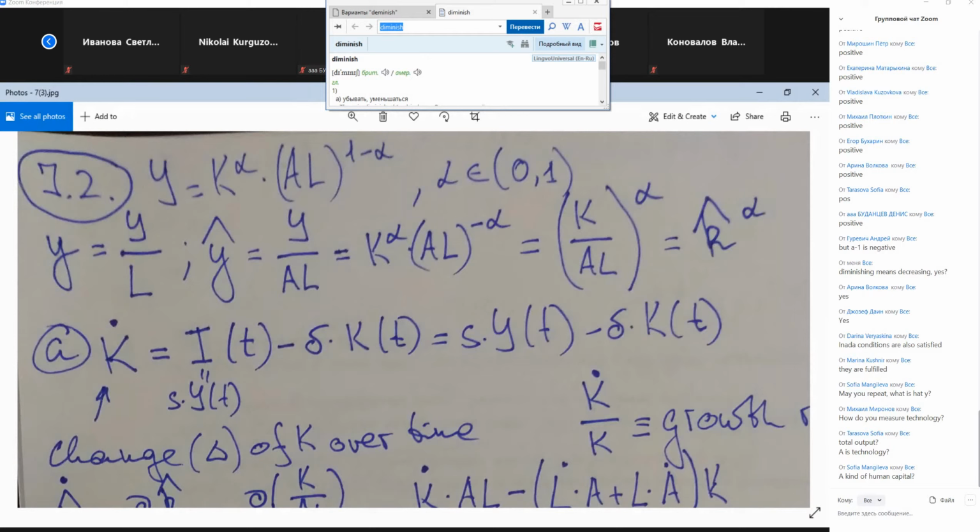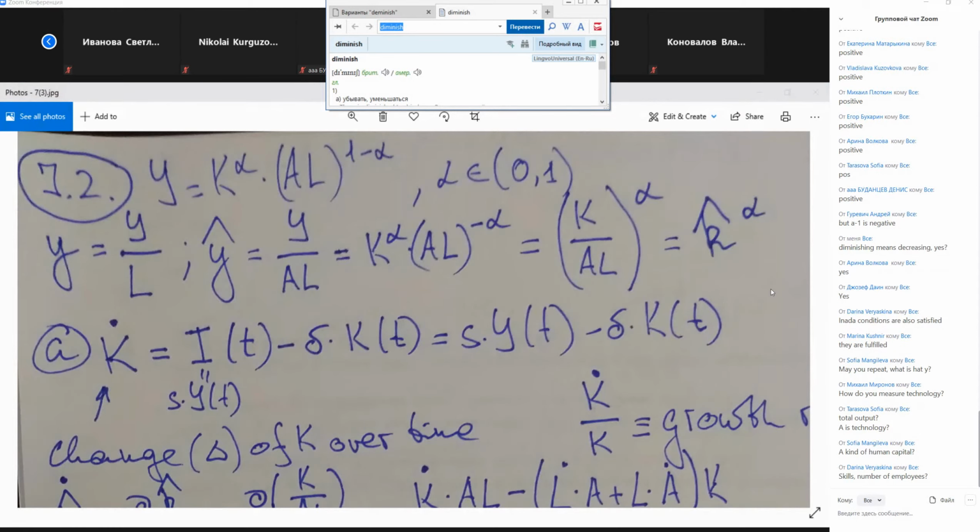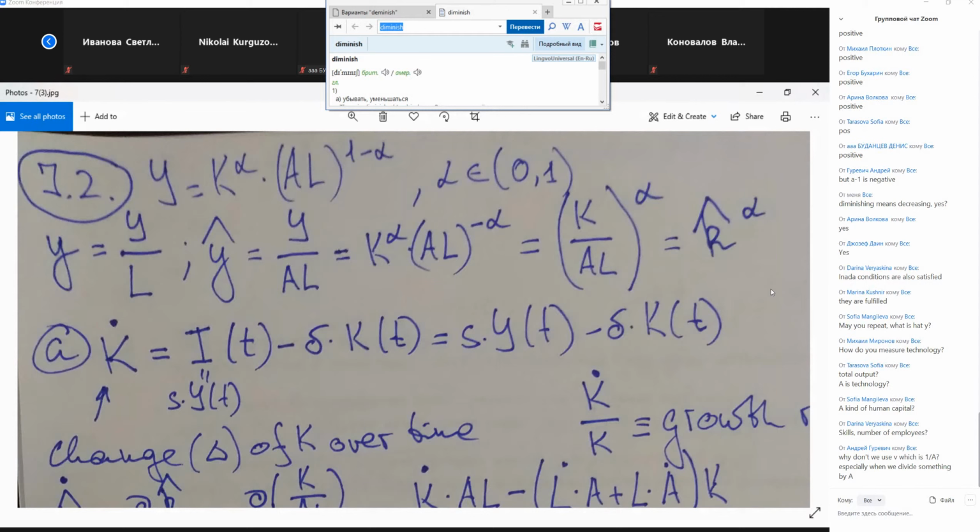Here it's a factor, but it doesn't go outside labor. So it's labor augmenting technology. For now we can think about it as human capital, the quality of workers. However, it's not explicitly there. Skills. The number of employees is L, so this is the number of employees, and skills. This is what we have here.